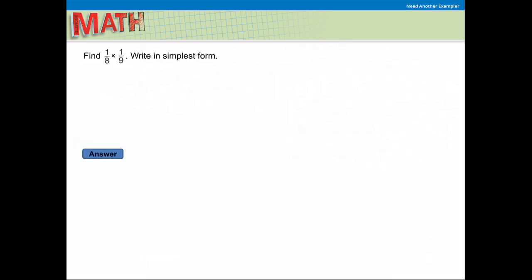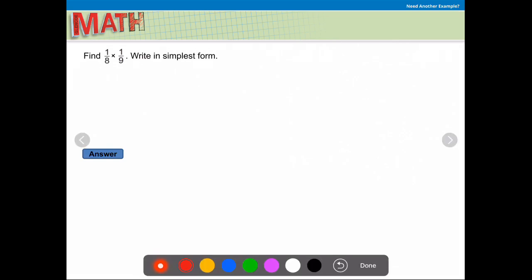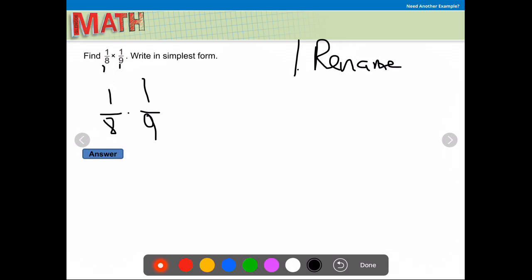Let's try a different one. Kind of almost the same, so you'll see what it looks like. Then we'll get a little bit harder after that. What's our step 1? That's right. Rename. That's okay, and that's okay. So 1/8 times 1/9. Our second step, step 2, is multiply the numerators. So that's 1 times 1, which is equal to 1.